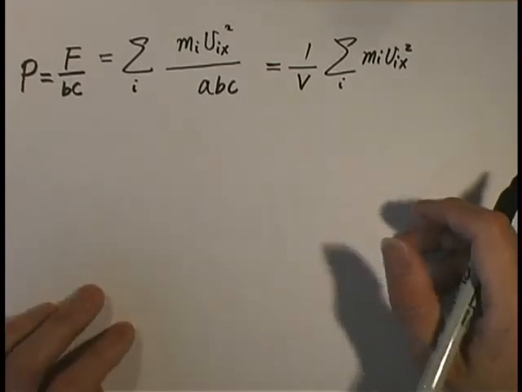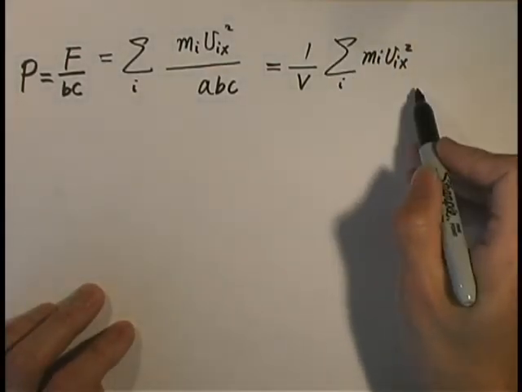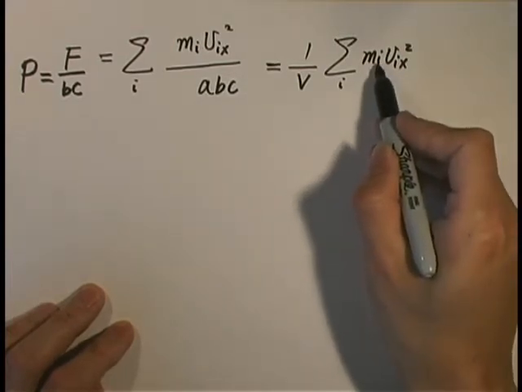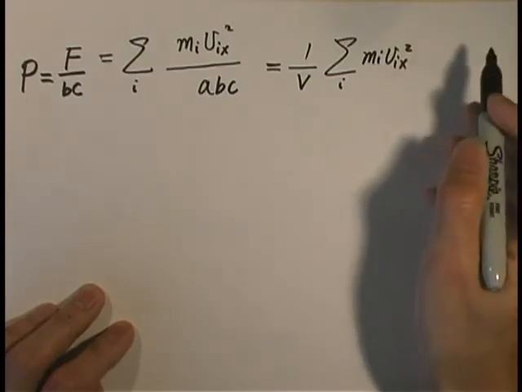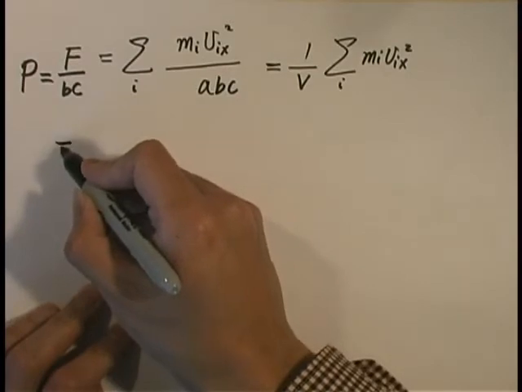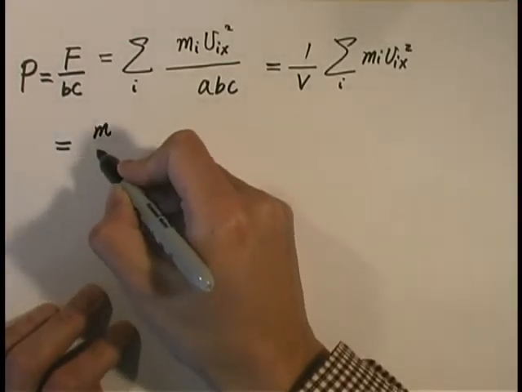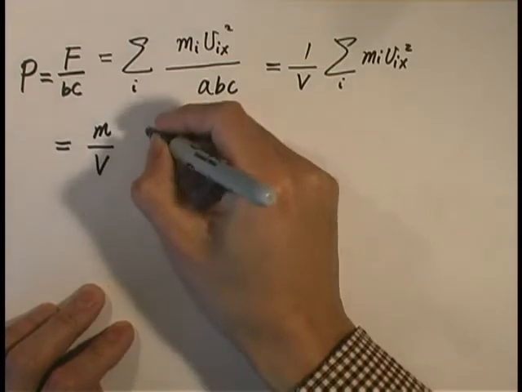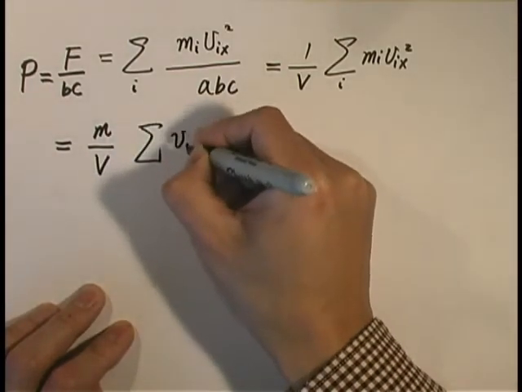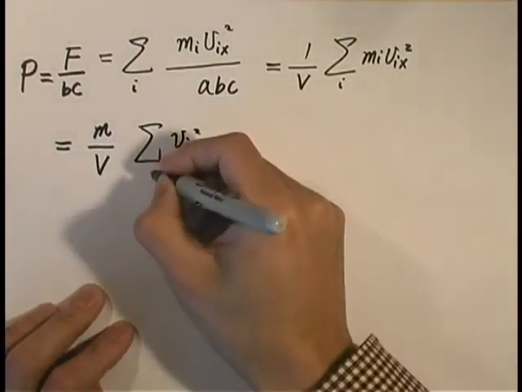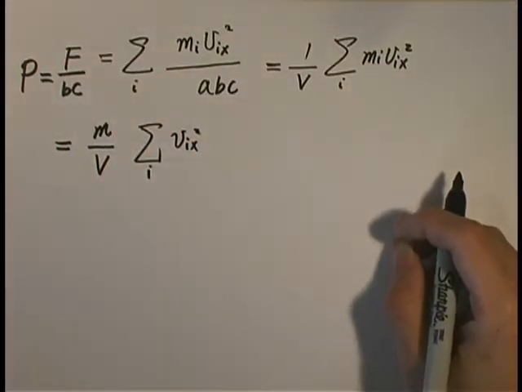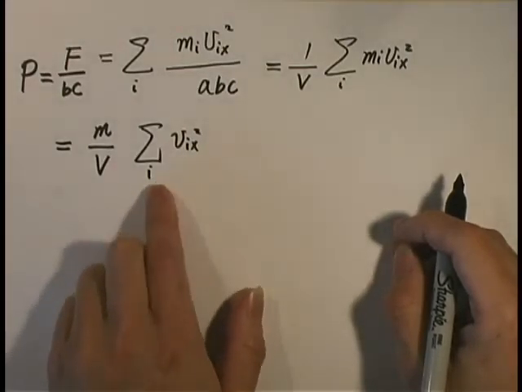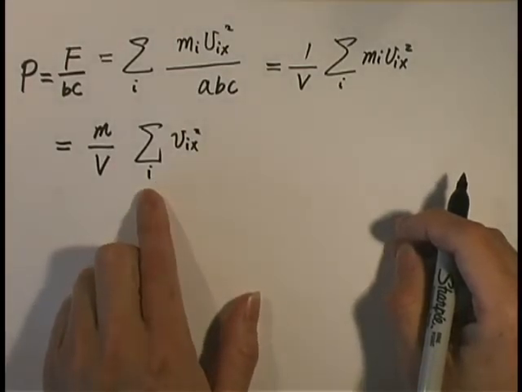Now, take a good look at this expression. For simplicity, I'm assuming that the masses are the same. So I don't have to use i anymore, because the mass of each molecule is just the same. I can simplify this as m, the mass of each molecule, over V, and then the sum of v_ix squared. Now, you are adding all these terms up for each molecule, right?